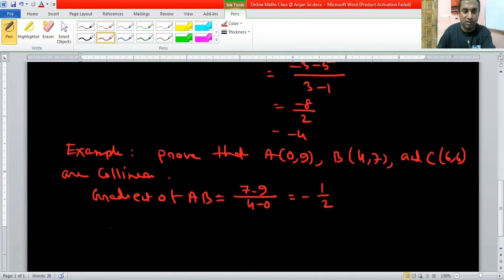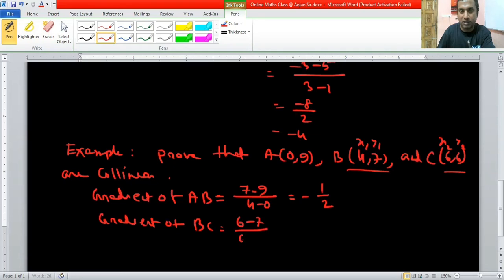Okay. So gradient of BC equals to, x1, y1, x2, y2, 6 minus 7 divided by 6 minus 4. So it is becoming -1 by 2. So minus half.